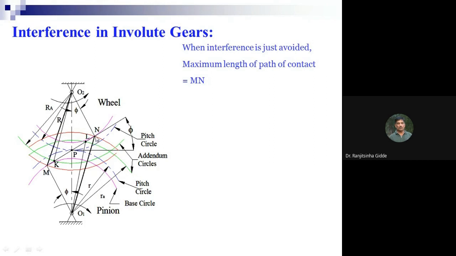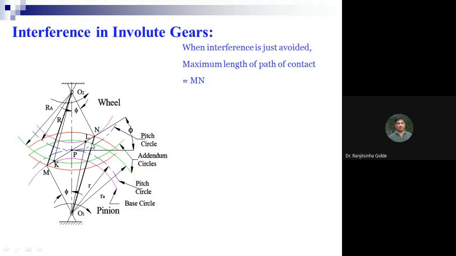For the concept, this one is the maximum addendum circle and this is the actual addendum circle. This is shown here, so to have clarity. So up to this we can draw the addendum circle. Now once this radius is increased up to this N point, this O1N is nothing but the limiting radius of addendum circle of the pinion.